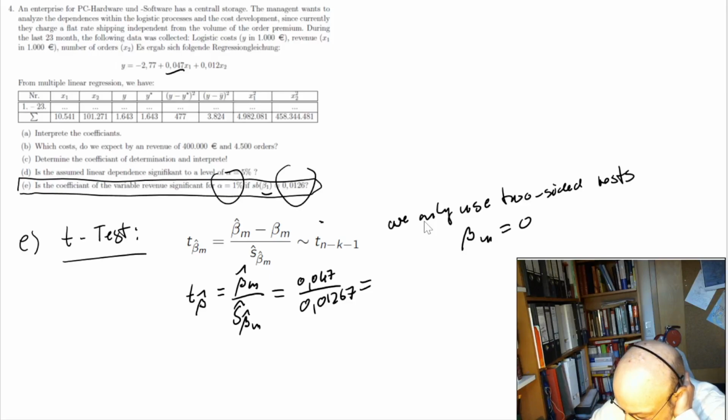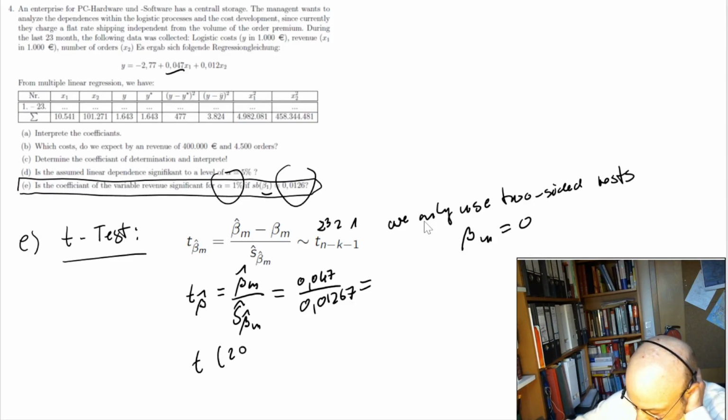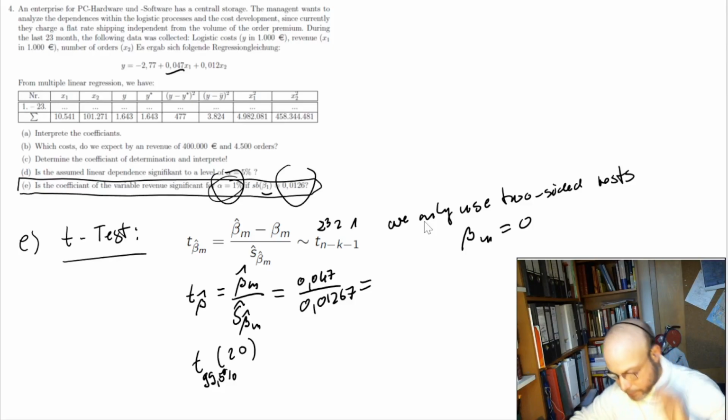N is again 23, k is 2 and 1. So we have t of 20, two-sided, alpha equals 1%, so we have to look at 99.5%. So hopefully I gave you this in the table.